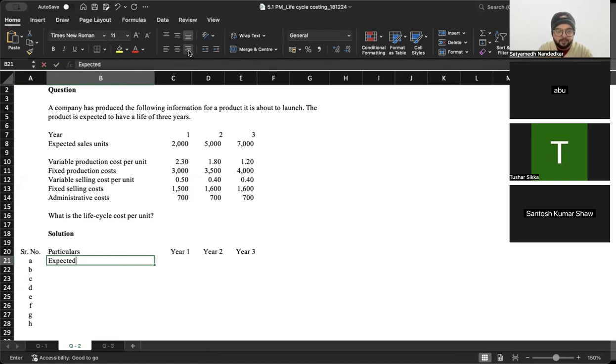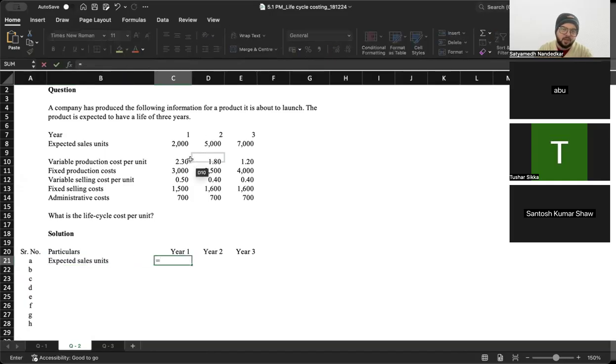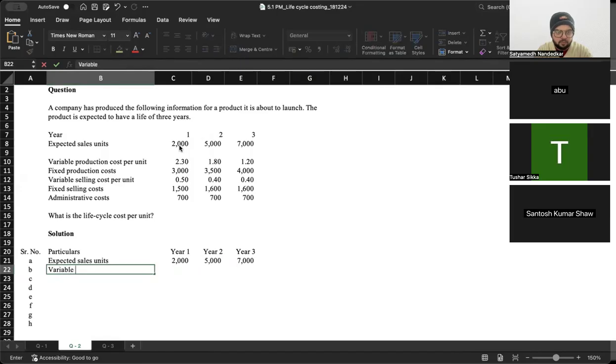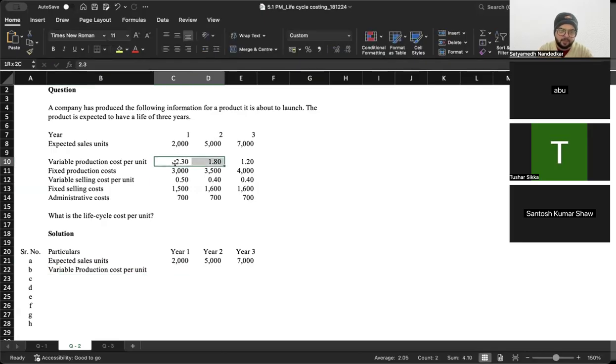Write down expected sales units. Variable production cost per unit.